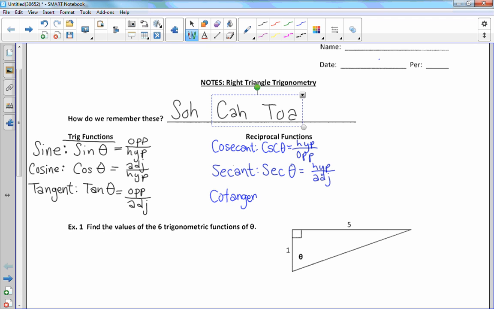So each of these has a three-letter abbreviation. This one is cot θ. If tangent is opposite over adjacent, what's cotangent going to be? Adjacent over opposite. So it's the reciprocal ratio. Okay? Now, these reciprocal functions we're not really using this year, but next year we're going to be using them a lot. So that's just an introduction. We'll be focusing on sine, cosine, and tangent.